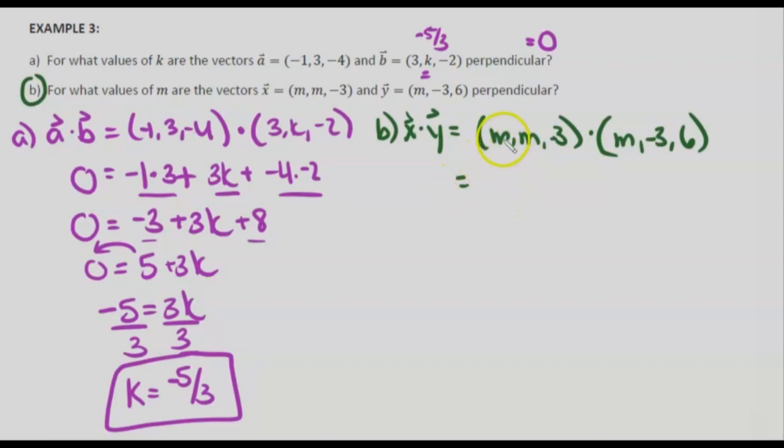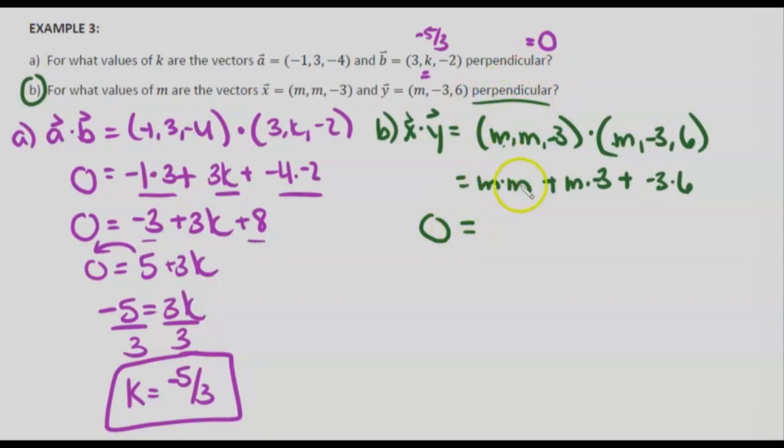Okay, so what we're going to do is m times m, which is the x components, plus m times -3 plus -3 times 6. And this is going to equal 0 because we want it to be perpendicular.